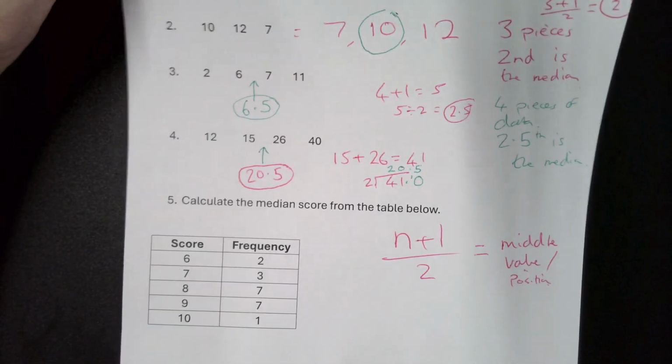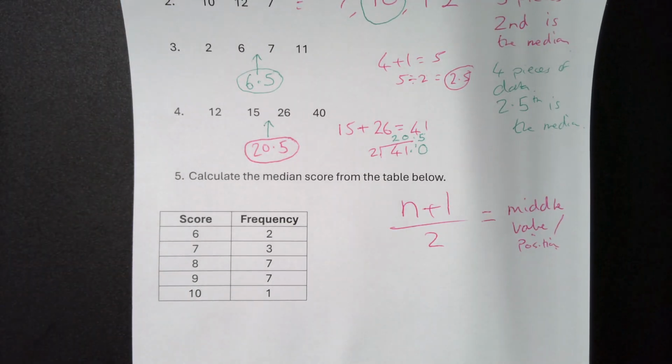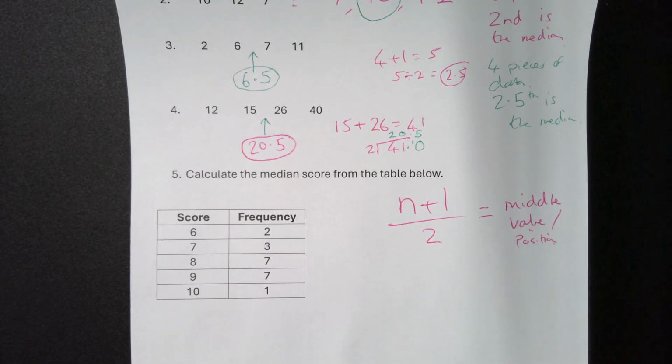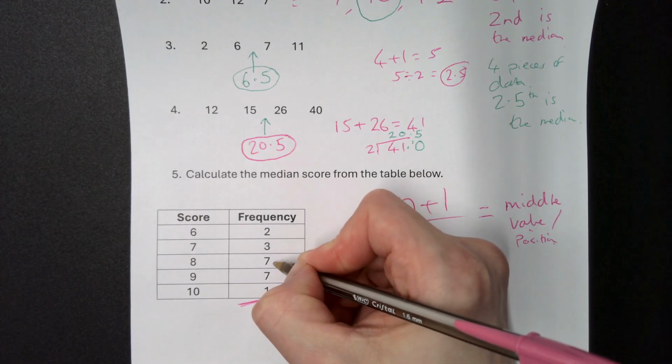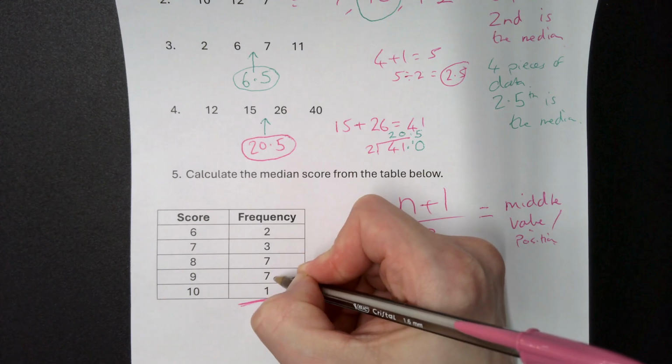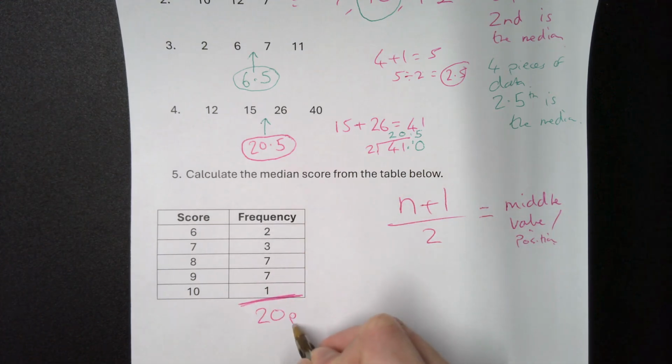Right, let's have a look then at calculating the median from a frequency table. This is where people go wrong. Now we need to add up how many people we've got in the survey. So we've got 2 plus 3 is 5, plus 7 is 12, plus 7 is 19, plus 1 is 20. So we've got 20 people in the survey.